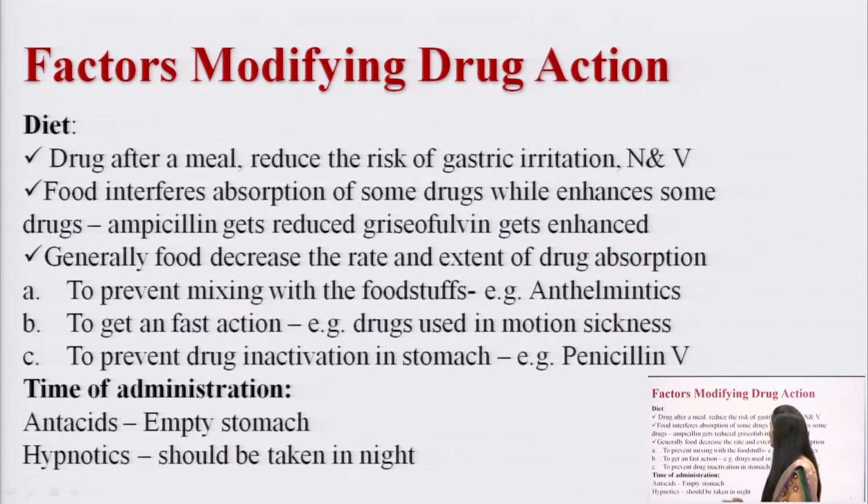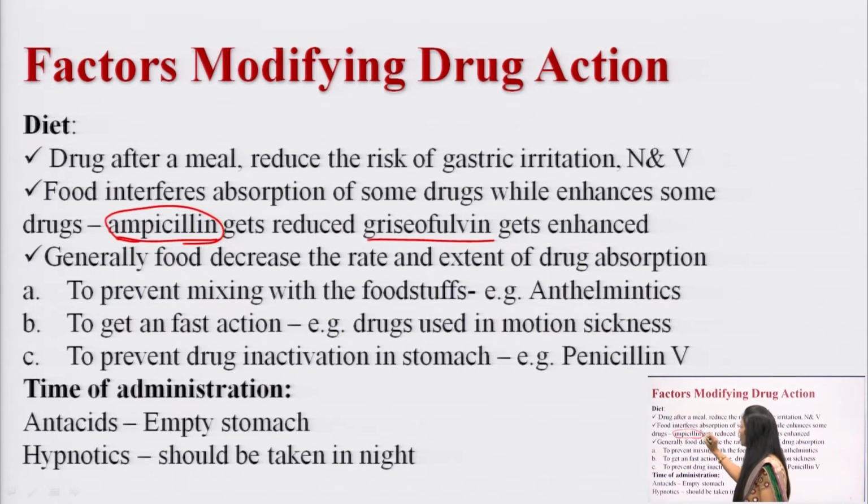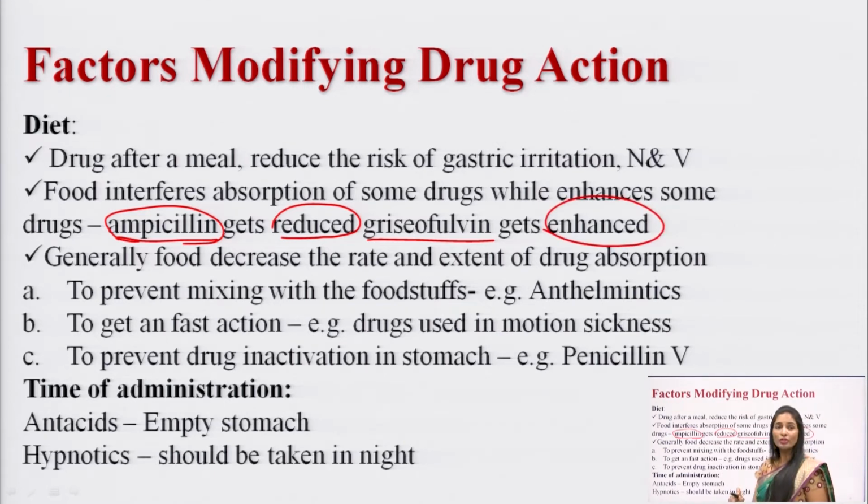So, look here, the first drug is ampicillin and the second drug is glucinoflavin. The food definitely interferes with absorption. Ampicillin will have reduced absorption and glucinoflavin will have enhanced absorption. So, it depends upon which drug you are giving with the food.